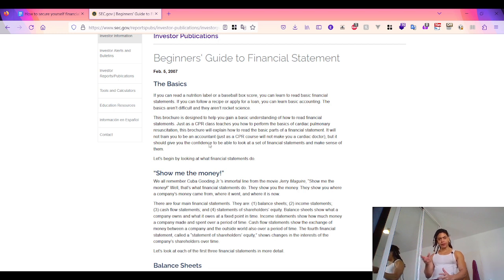Other examples of prepaid expenses are rent, marketing, software licensing, office supplies, and maintenance contracts.